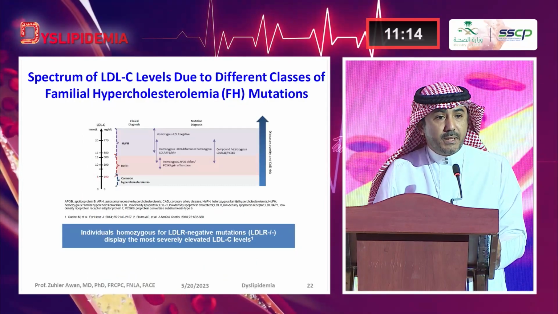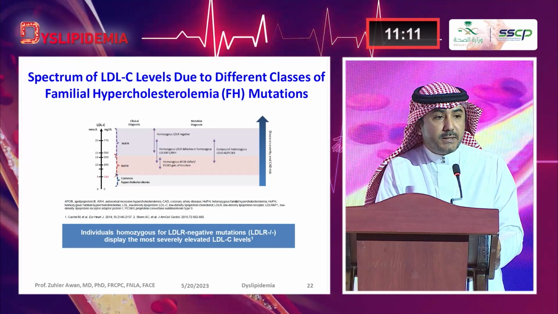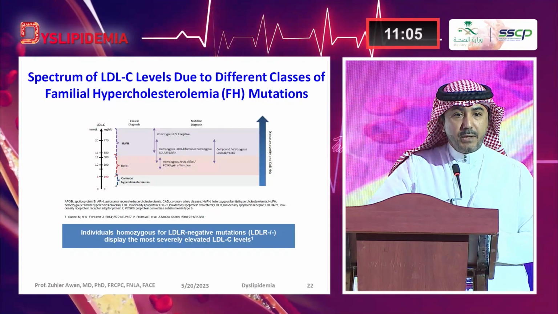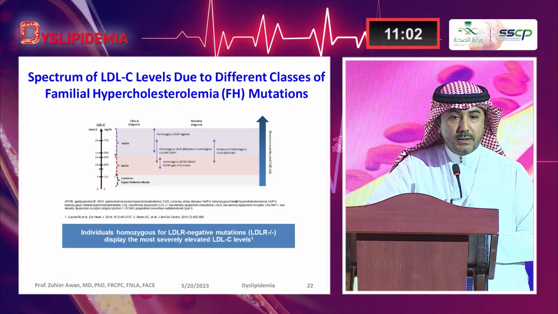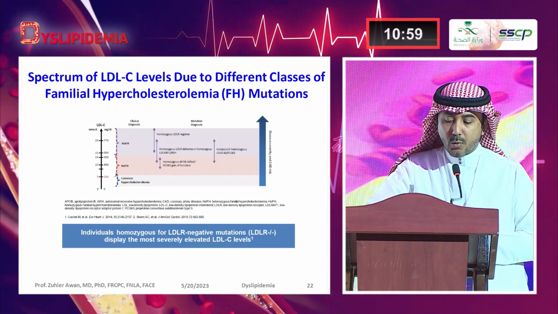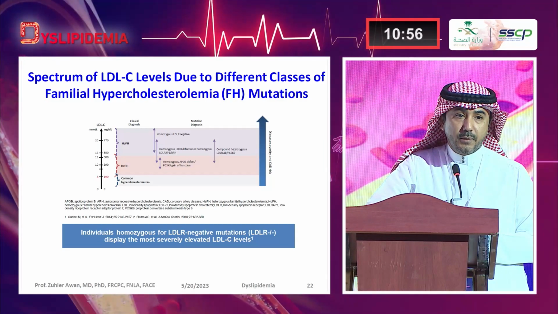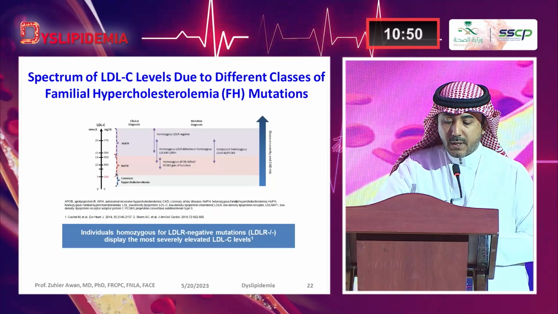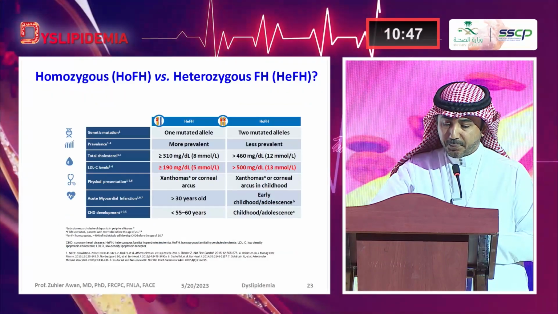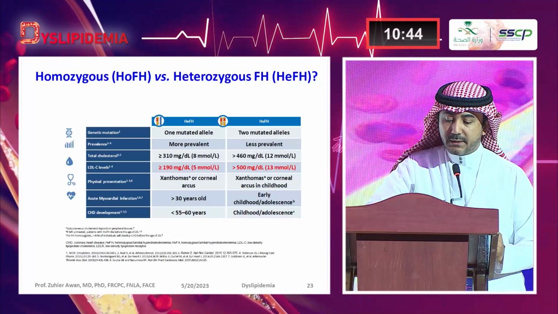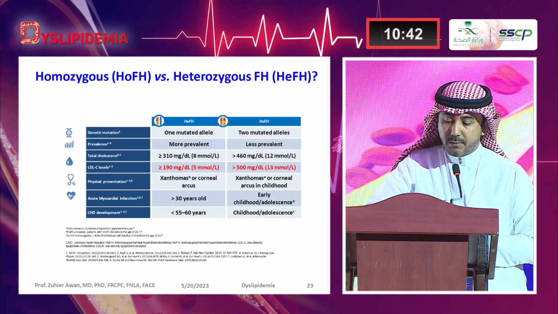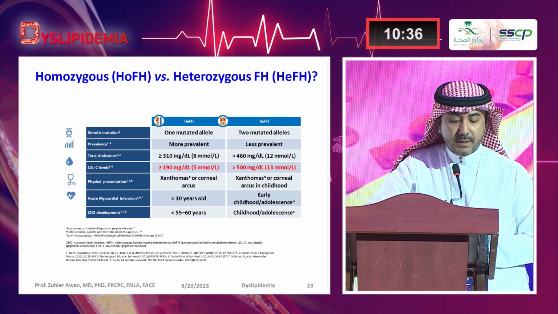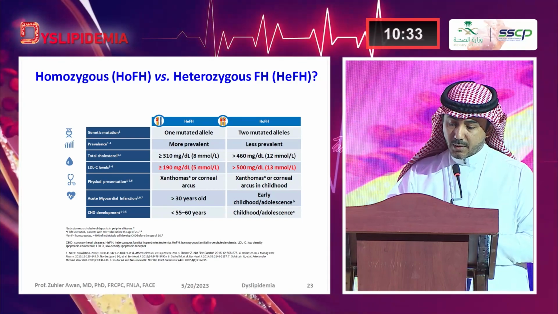Familial hypercholesterolemia has a very broad spectrum, basically because we have 3 main genes and different combinations of mutations. Having 1 mutation is different from having 2 mutations, and the degree of mutation matters. Heterozygous usually starts with LDL from 5 millimole per liter or 190 milligram per deciliter. In homozygous, you will see patients more often coming with an LDL of 13 millimole per liter or more than 500 milligram per deciliter.